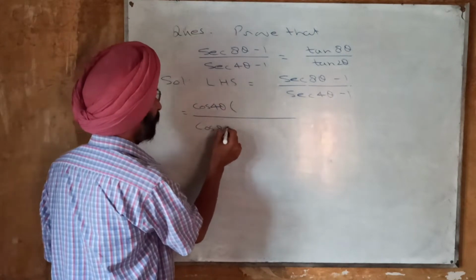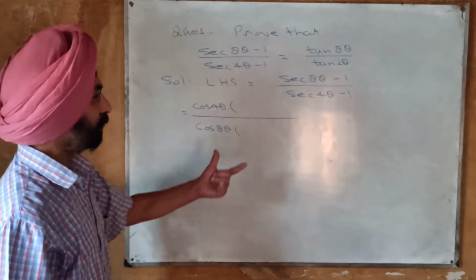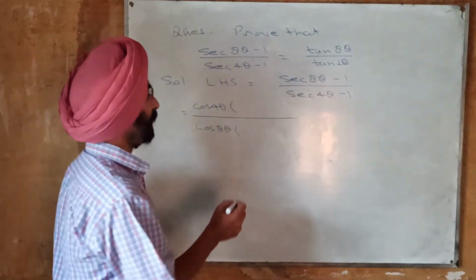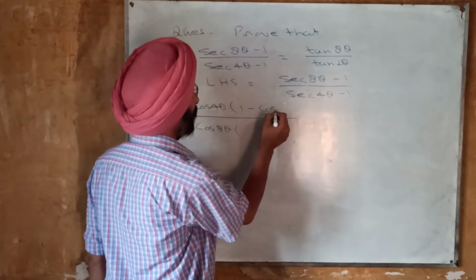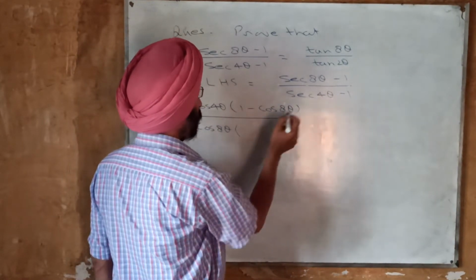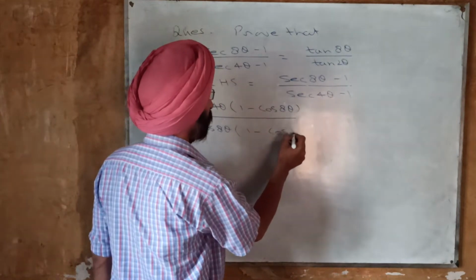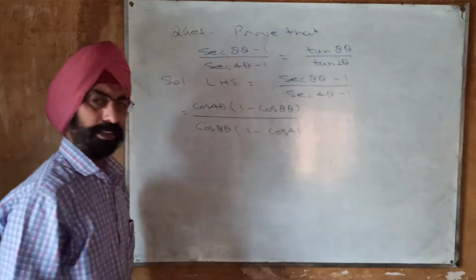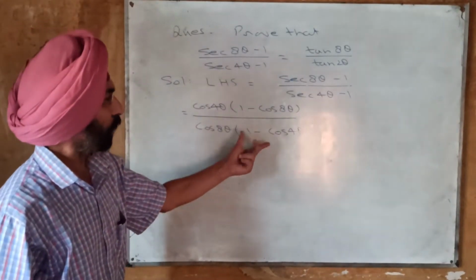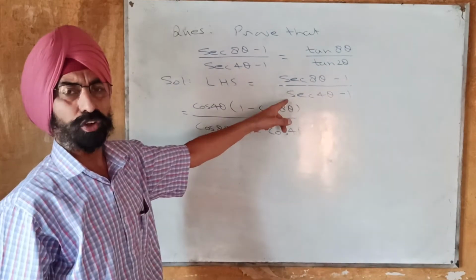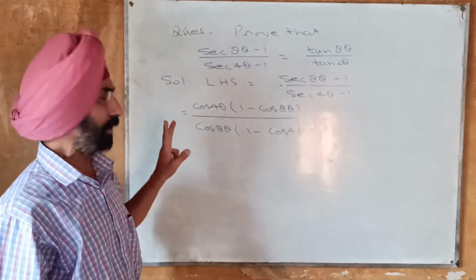Whatever the left terms will be, from the numerator it will be 1 minus cos 8 theta, and from the denominator it will be 1 minus cos 4 theta. So this is just what I have written, 1 upon cos for these two secants and then simplification.